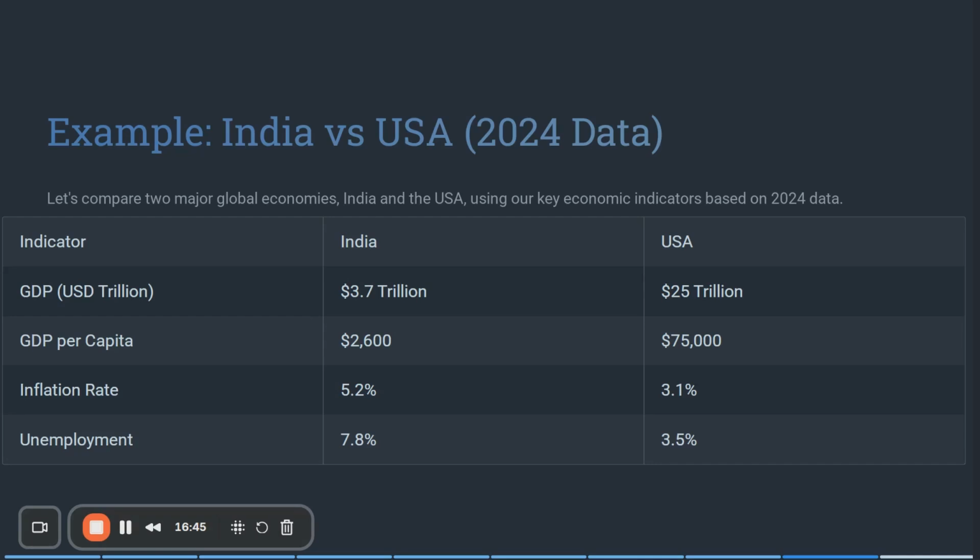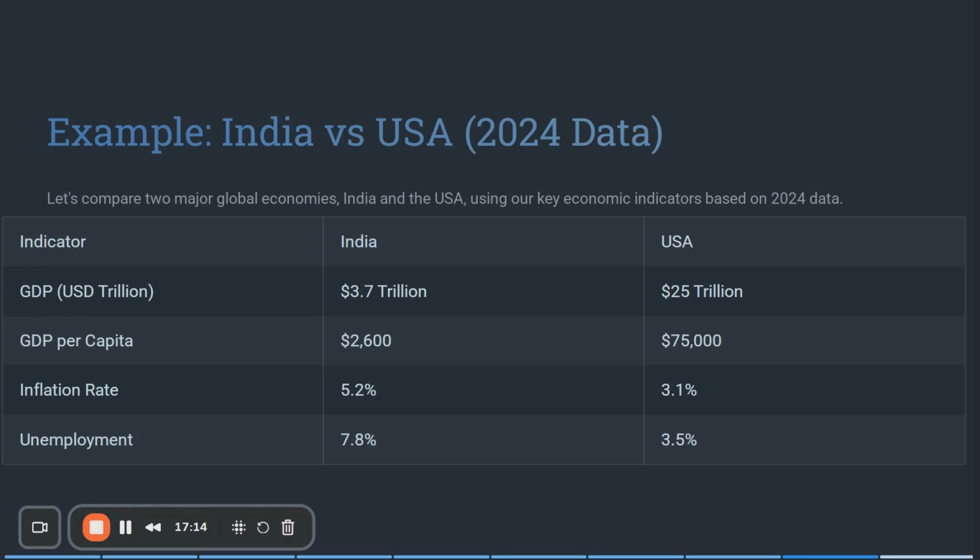So what is our final conclusion? Why do economic indicators matter? The reasons are: informed governance, equipping governments with data for efficient policy formation and resource allocation.